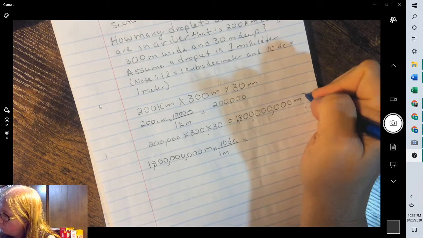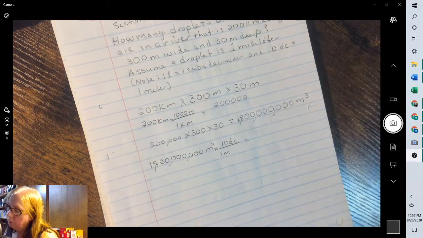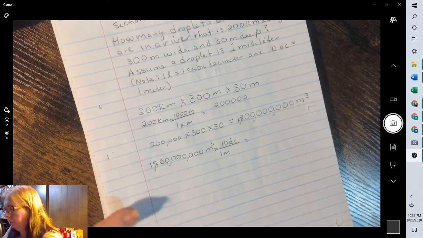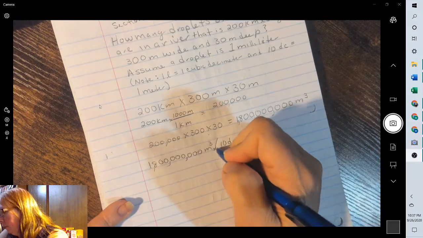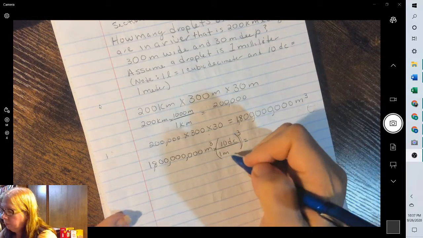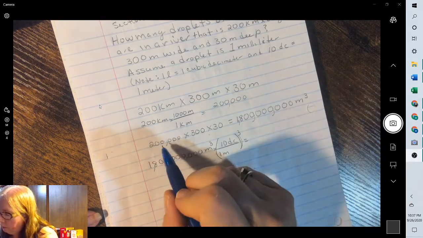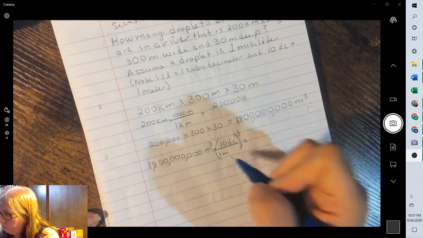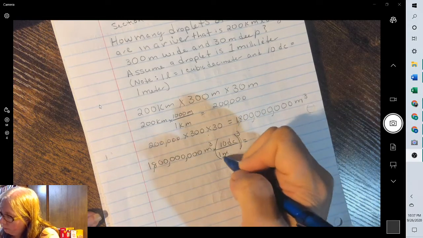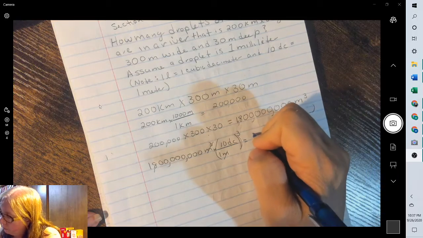This is meters cubed. And so we need this to be cubic also, so that the meters cubed, because meters times meters times meters is meters cubed. And these will cancel. 10 cubed is 3 more zeros.